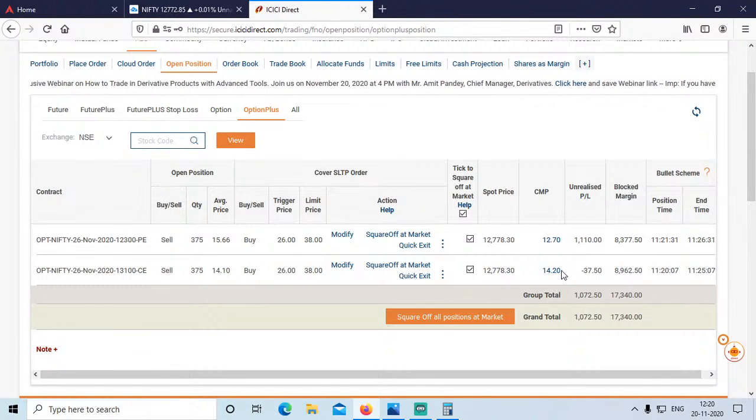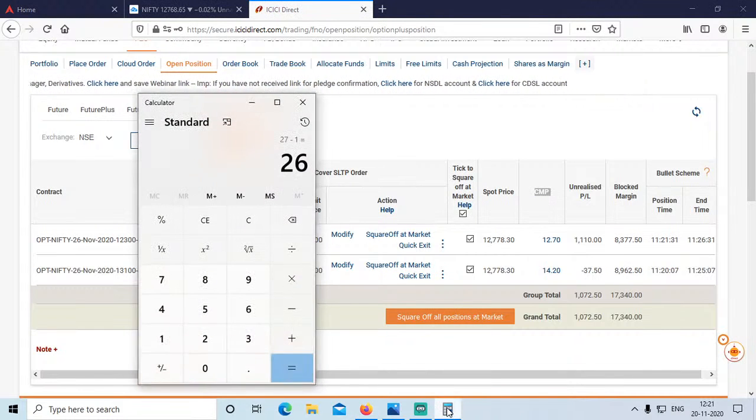Each and every time it's better to check the current market price, add these together, and from that addition, 1 rupee should be less as a trigger price over here. 12.7 plus 14.2, 26.9 minus 1, 25.9.